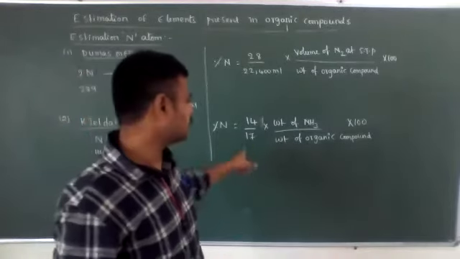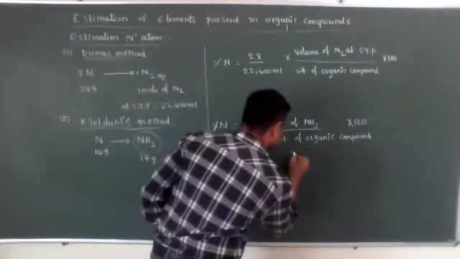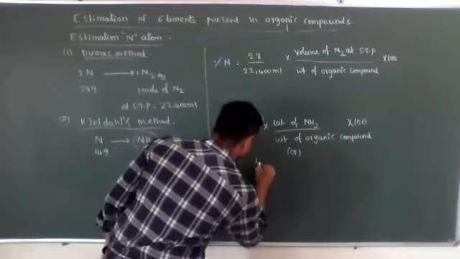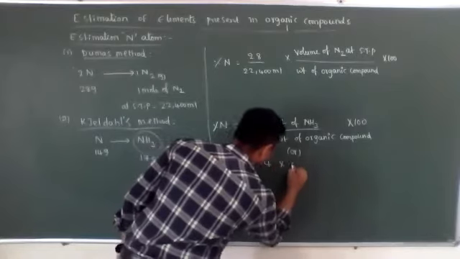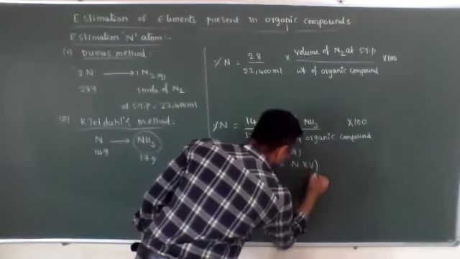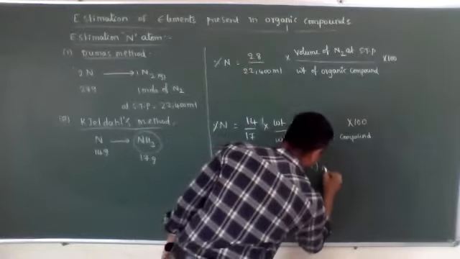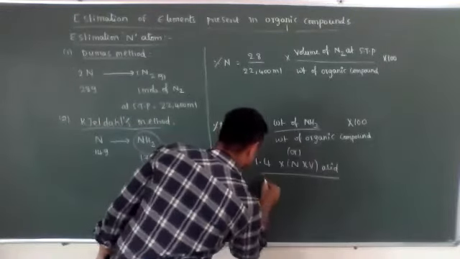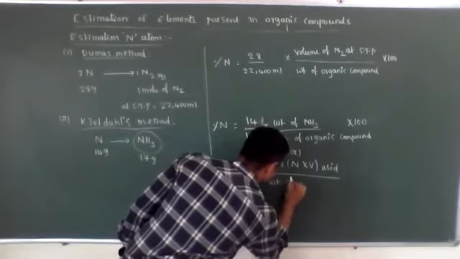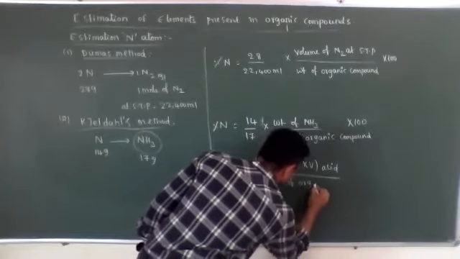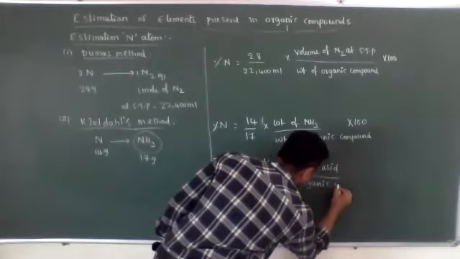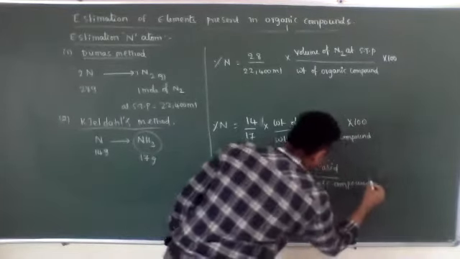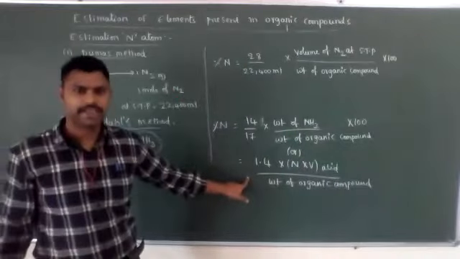So in that case, this formula becomes simpler: 1.4 into normality into volume of acid by weight of organic compound. The formula is simplified in this way.